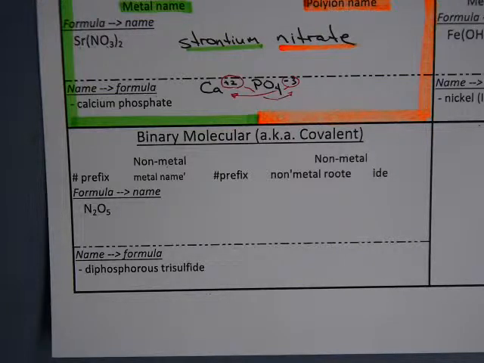I have seen this many times, and I'll tell you the polyion that I see this the most with. If instead of calcium phosphate, I said to you calcium hydroxide, calcium again is +2.